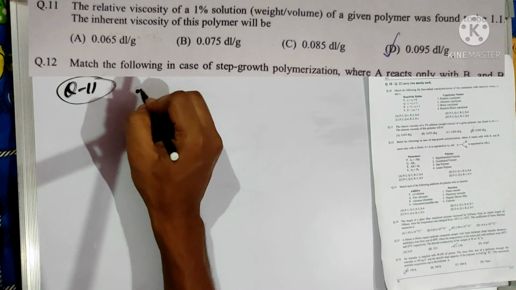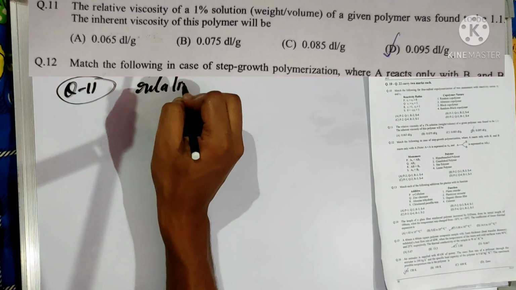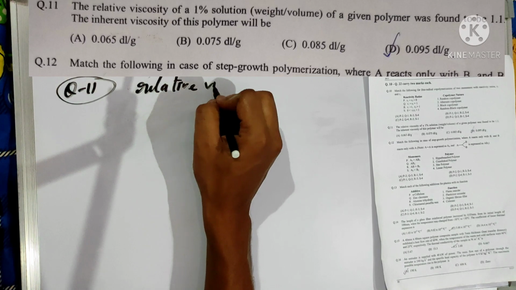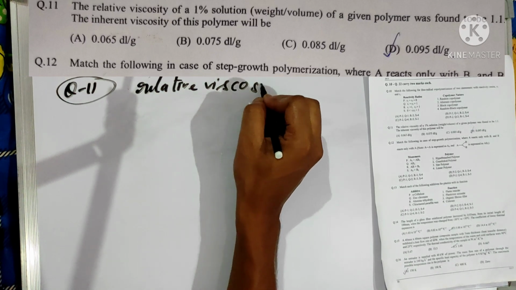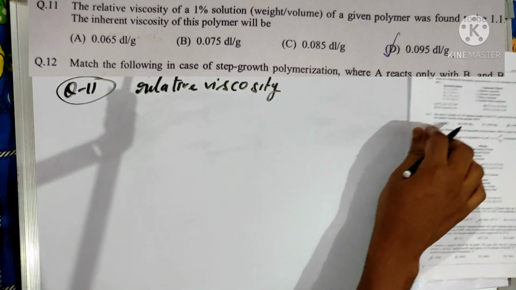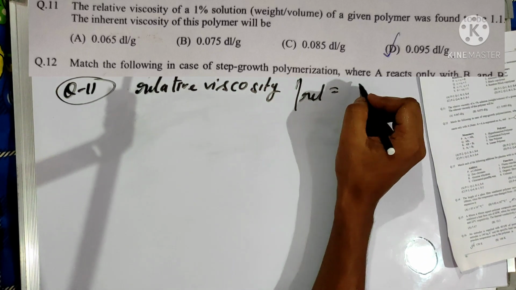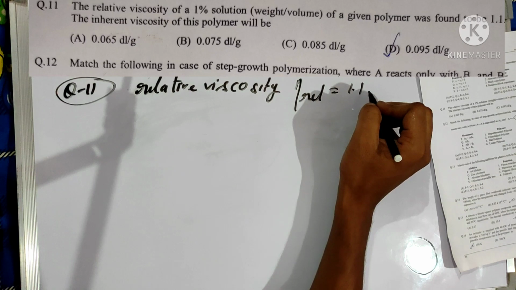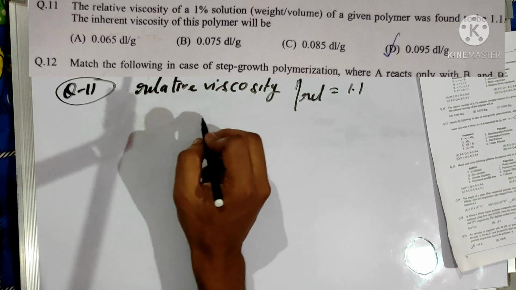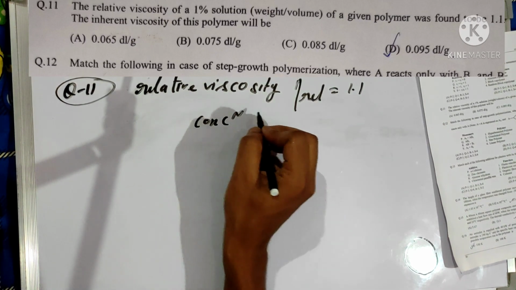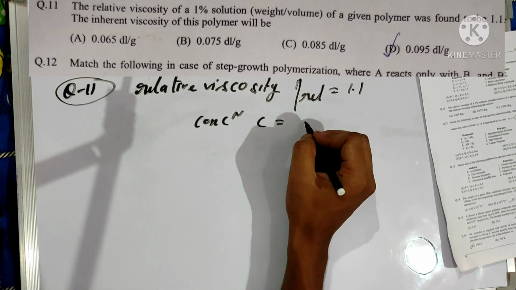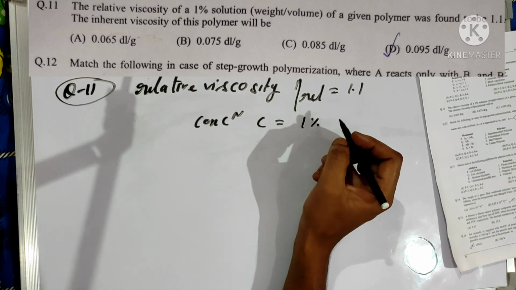Given that relative viscosity η relative is equal to 1.1, and concentration C is equal to 1%.